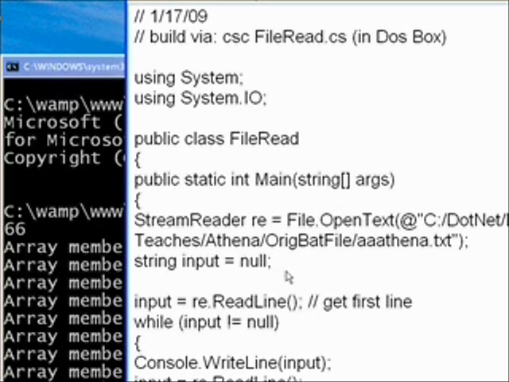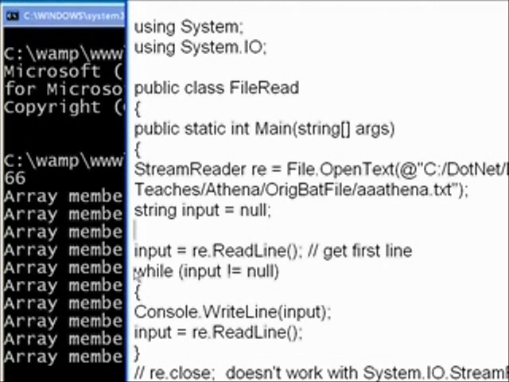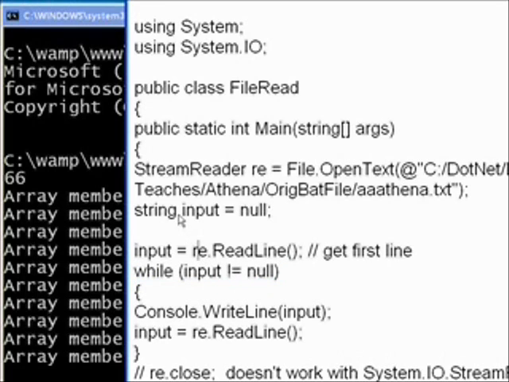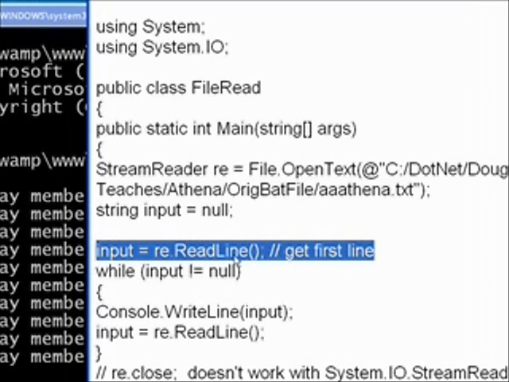And right after we assign a null value to input, we reassign a value to input in this statement, which says use the stream reader object we created dot a method within this object called ReadLine, which reads the line in the file that's currently being pointed at.